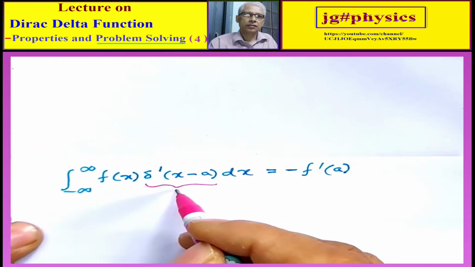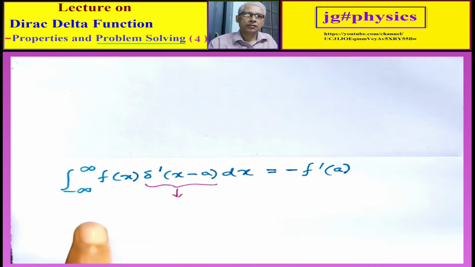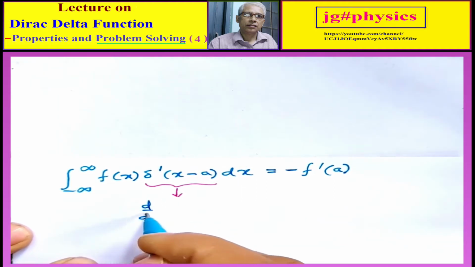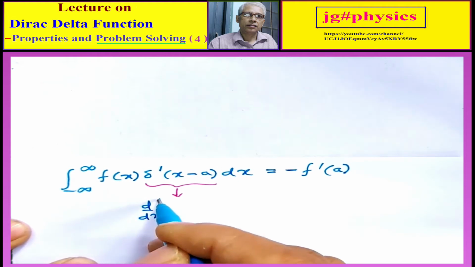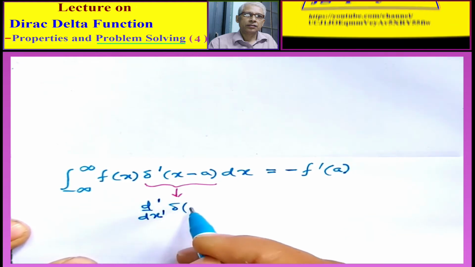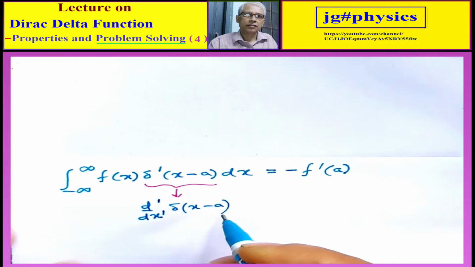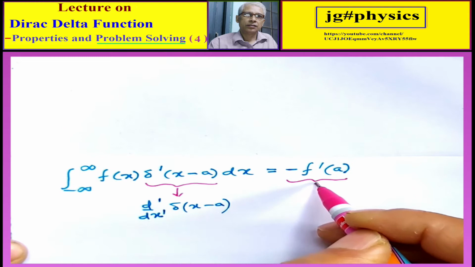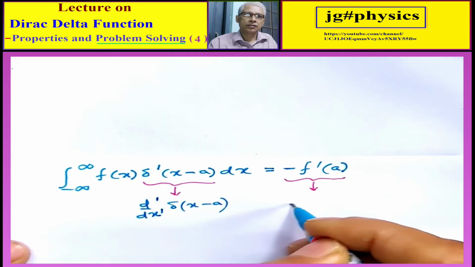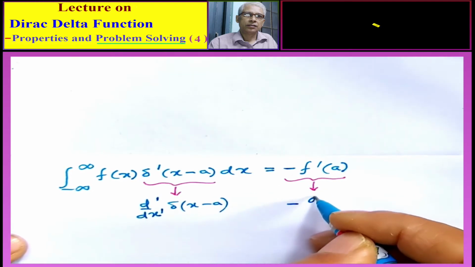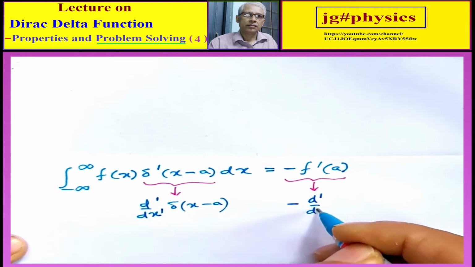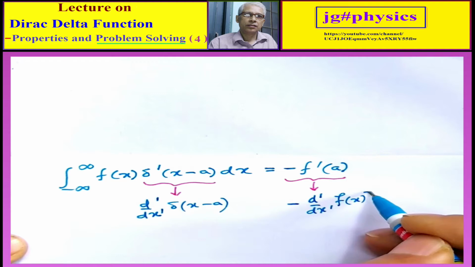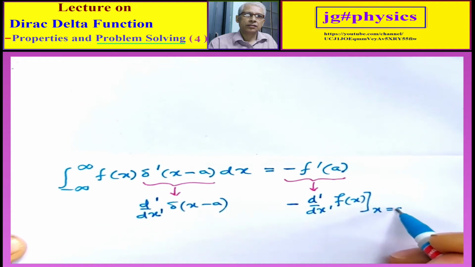Let us be reminded of the fact that delta prime x minus a is actually the first derivative. So it is ddx of delta x minus a, and f dash a is also the first derivative of f of x evaluated at x equal to a. The superscript 1 within first bracket indicates first derivative.